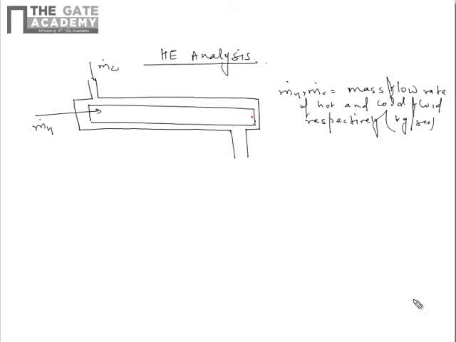Okay, and the same amount of mass flow rate will exit. This is m dot h, m dot c.